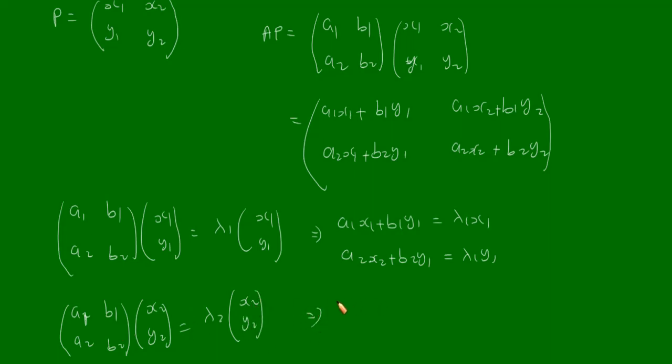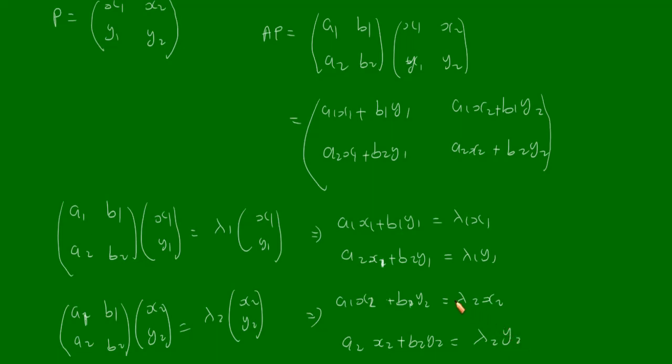If you expand this, you will get A1 x2 plus B1 y2 is equal to lambda 2 x2, and A2 x2 plus B2 y2 is equal to lambda 2 y2.